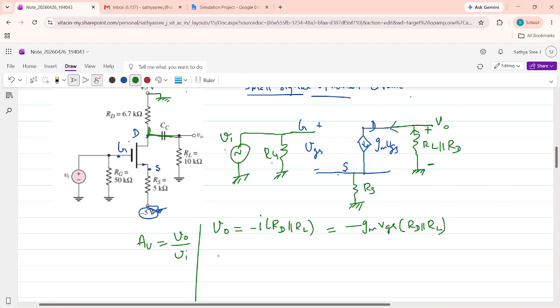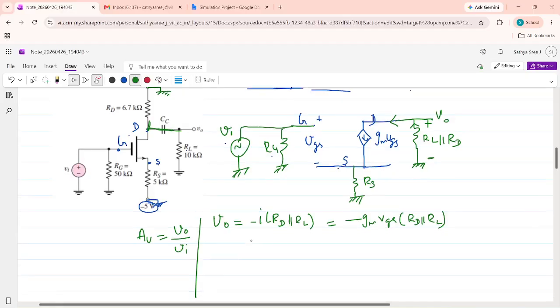Now to the input side, we have to calculate what is Vi. Vi is the input voltage. This is RG, the gate resistance. This is plus, this is minus. Now I'm going to write a KVL loop here. This is the source resistance.